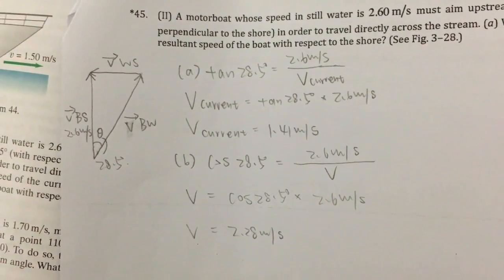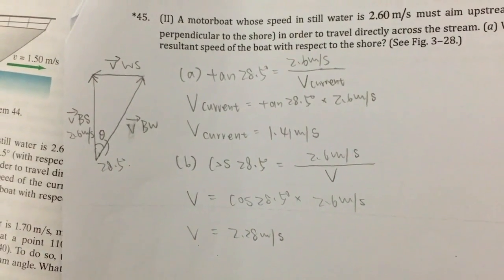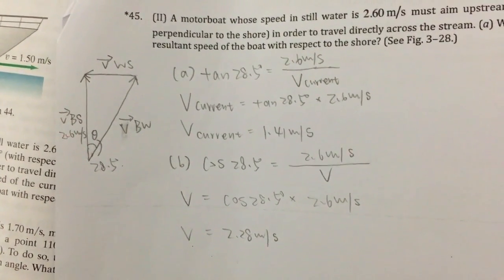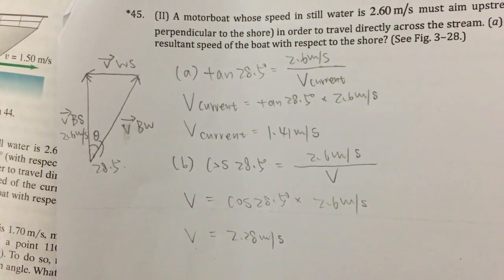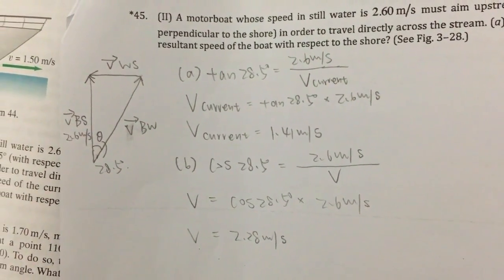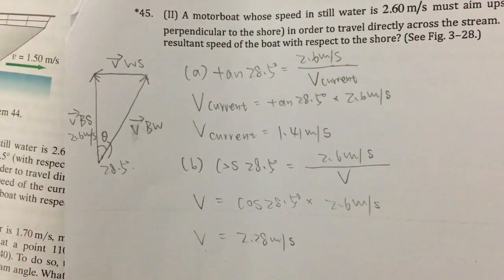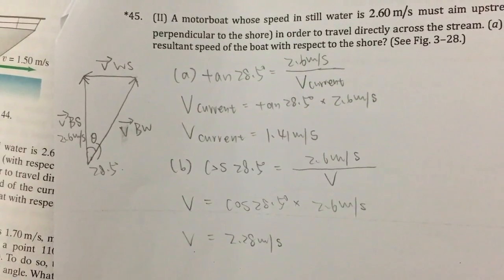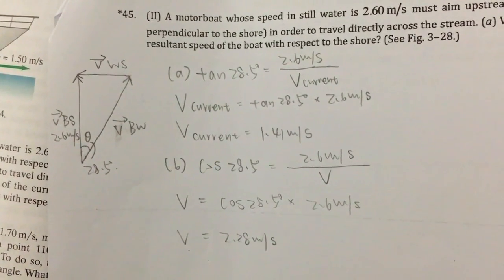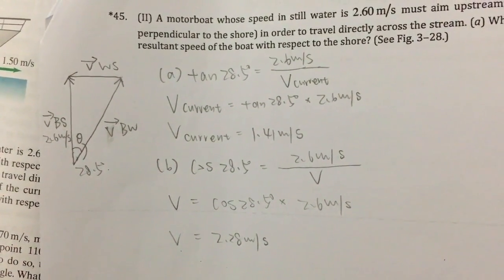From this picture, we can know that tangent 28.5 degrees is equal to the motorboat's initial speed divided by the speed of the current.